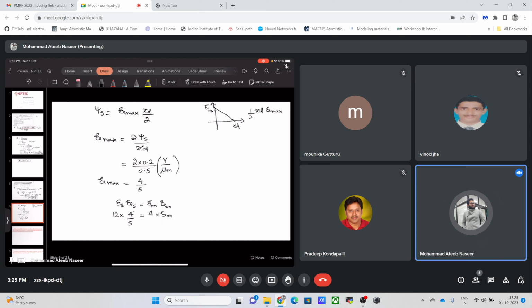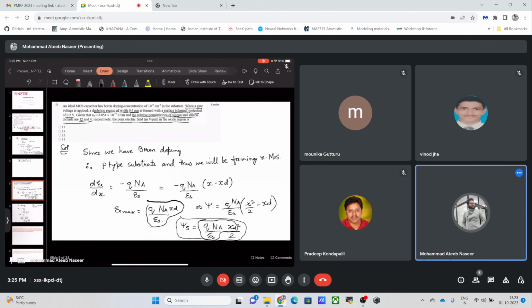Now it would simply mean that it is equal to 12 by 5, which is nothing but 2.4 volt per micrometer. Simply, this is the value of the electric field inside this oxide for this particular case. So the peak electric field inside the oxide region is simply 2.4 volt per micrometer.